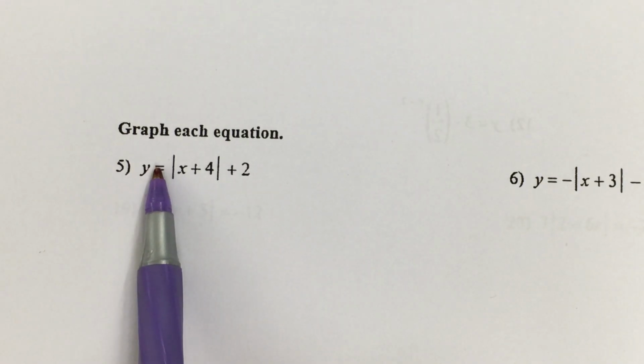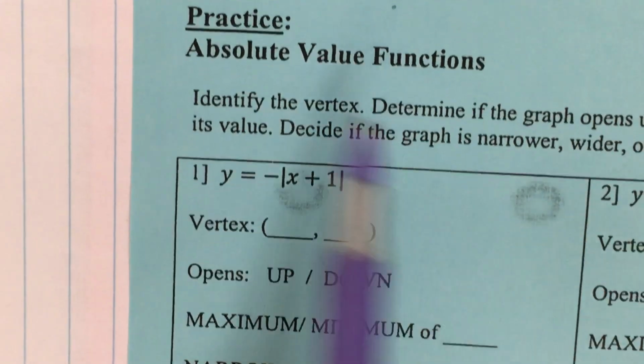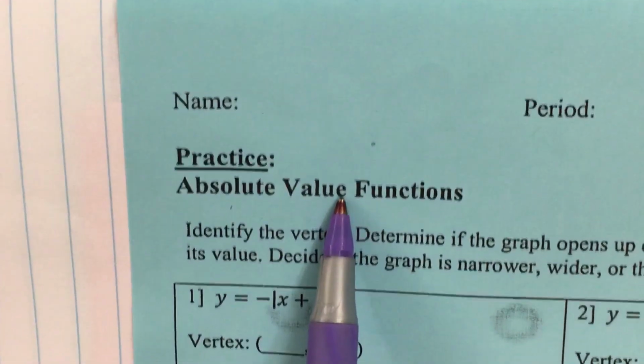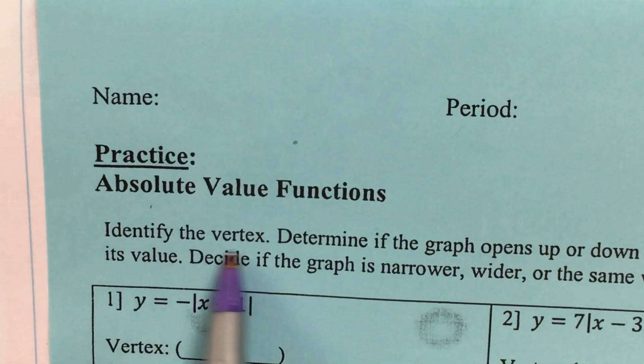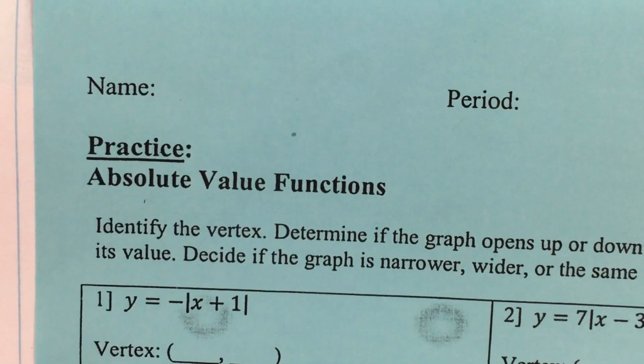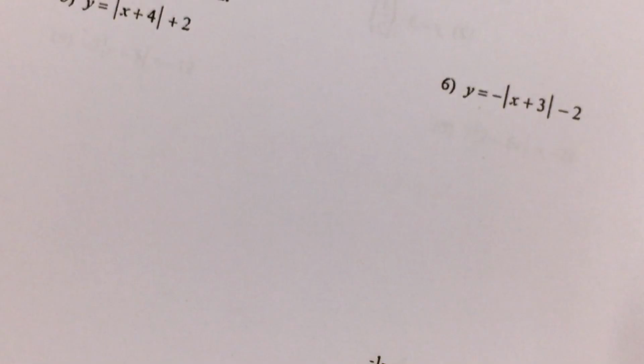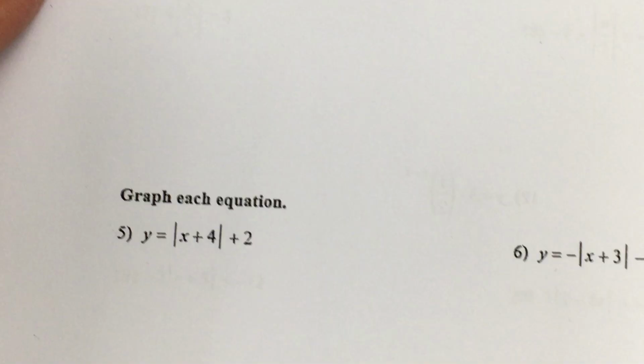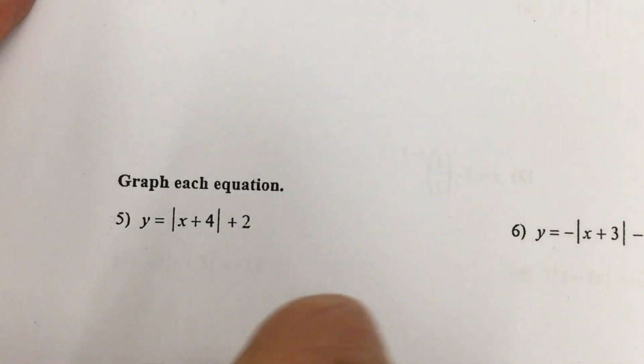Okay, so I'm graphing it. Different note. That's this blue one. Absolute value functions. Identify the vertex, and so on. We did this last week, Thursday or Friday. Graph the equation.